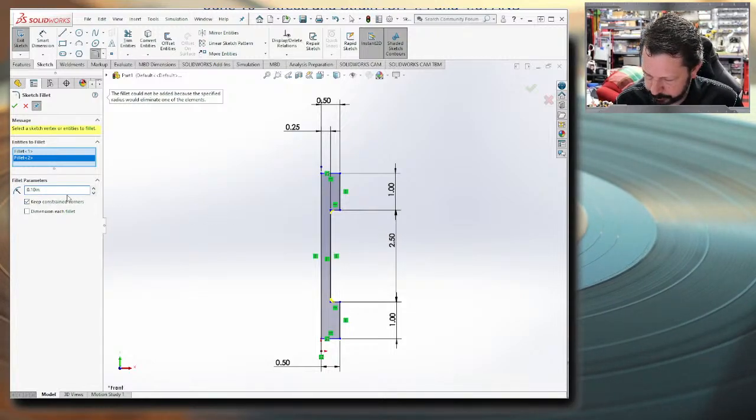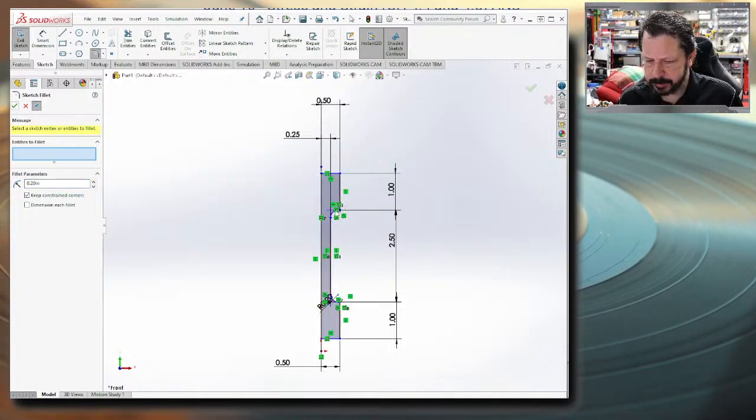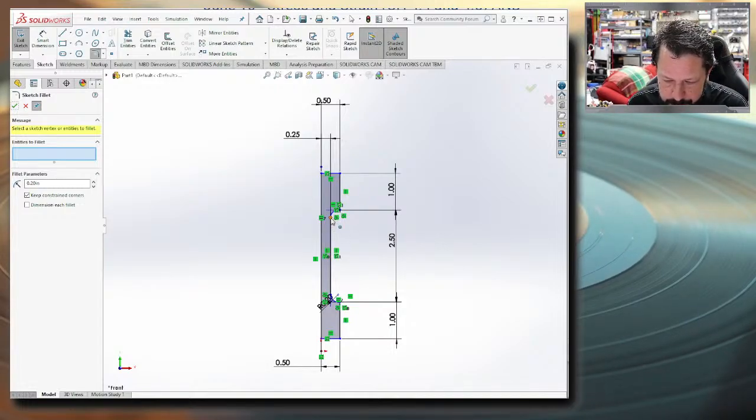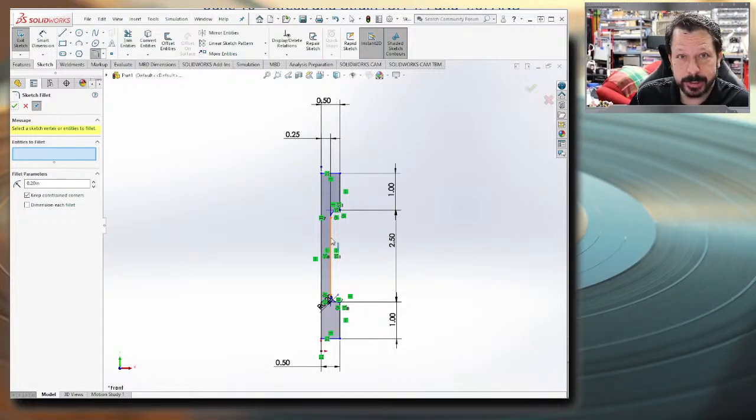Maybe it's 0.2. All right, that'll be good enough. Technically it's supposed to be 3/8 of an inch radius. Oh, you know why? It's because of this 1/2 inch. I'm probably supposed to make that a little bit larger. That's okay. What it creates is the gauge length would be this line, and I assume I'll have a little bit longer gauge length than you technically should have. The gauge length should be 2 inches.